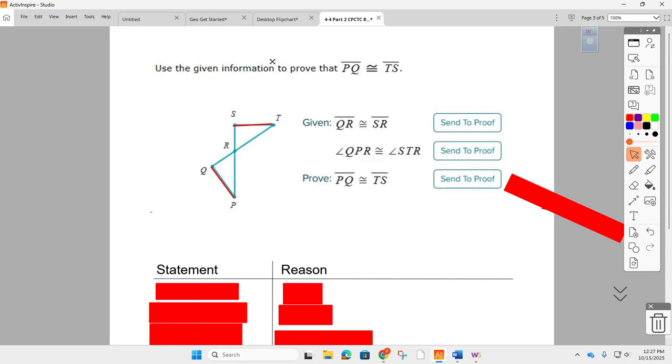But we can prove these two sides are congruent if we can prove that triangle QRT is congruent to triangle SRT. If we can say that this triangle is congruent to that triangle, then we can say that any part of each triangle is congruent. Does that make sense? Okay. So really, our goal is the same as it was yesterday.